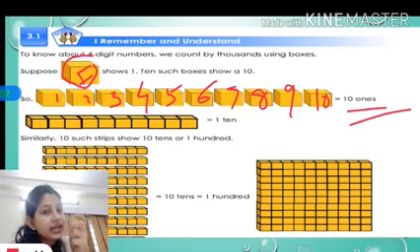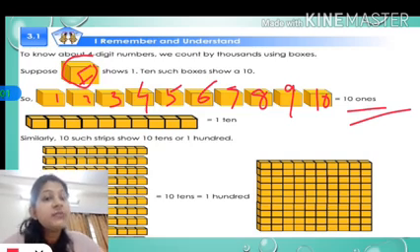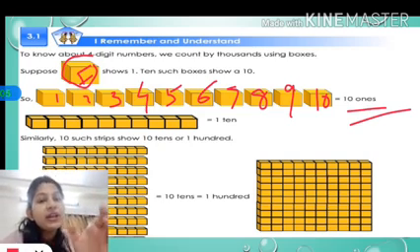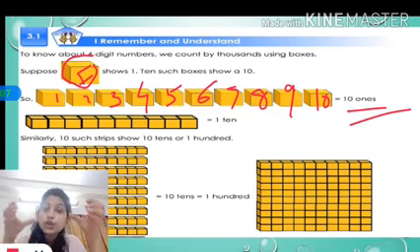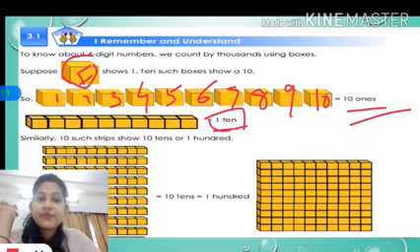If anything is there, one piece, it is 1. If 10 separate pieces are there, at that time it becomes 10 ones. We call that 10 ones. But when they are clubbed together or joined together, they become 1 ten.